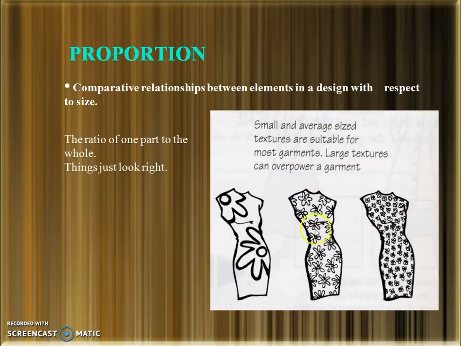So we can say that the flower print is proportional to the dress. In the third example, the print is seemingly a little smaller than what is pleasing to the eye. Still, as compared to the first one, the second and the third prints are in proportion to the size of the garment.